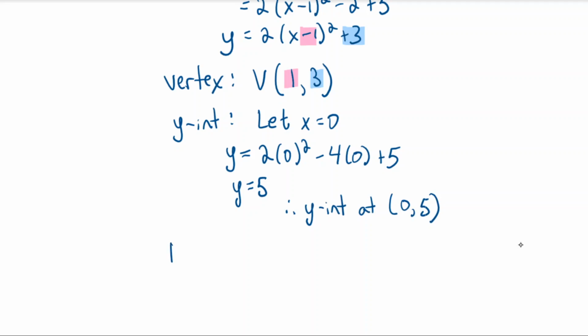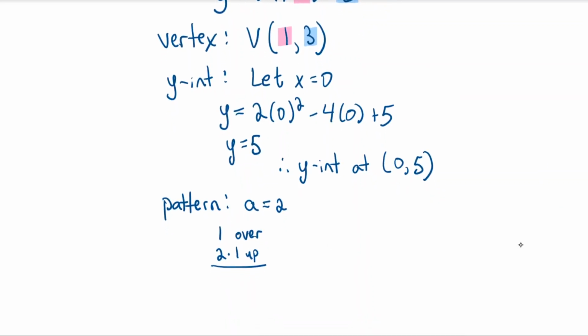We know our pattern is going to be, because our a value is 2, we've got 1 over, 2 times 1 up.